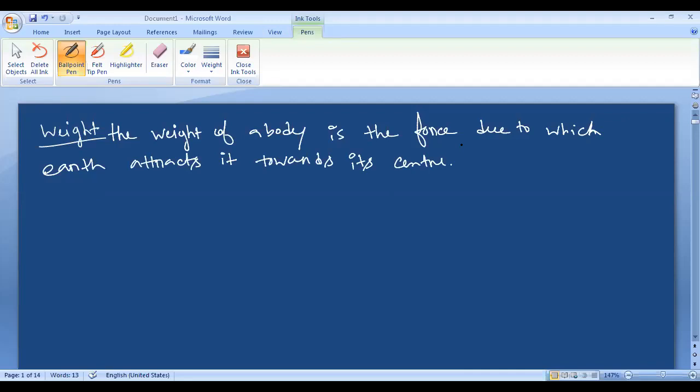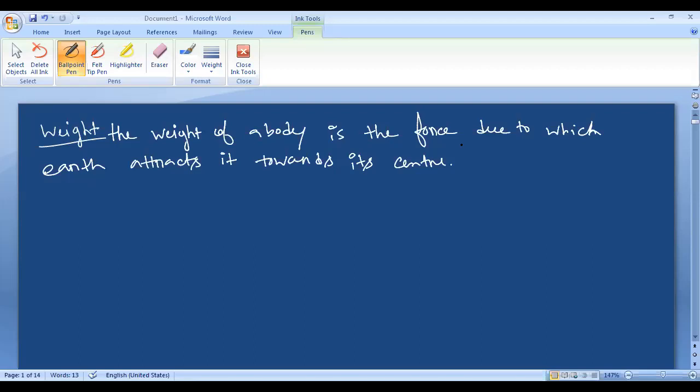So the weight of a body is the force due to which Earth attracts it towards its center. So this is the weight of the body.